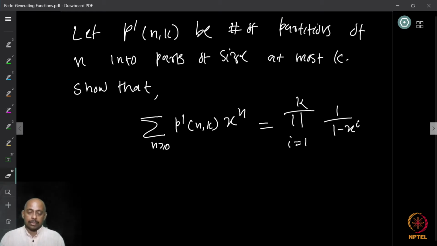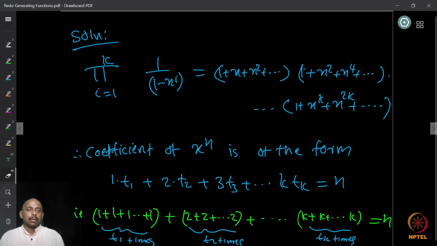So let us try to do this. What is given to us is the product i equal to 1 to k of 1 by 1 minus x raised to i. Let us write it as a product of series. I have 1 by 1 minus x raised to i for i equal to 1 to k, and each one gives a separate series.